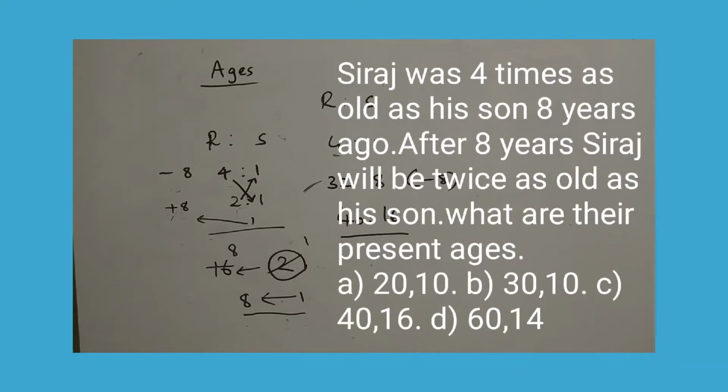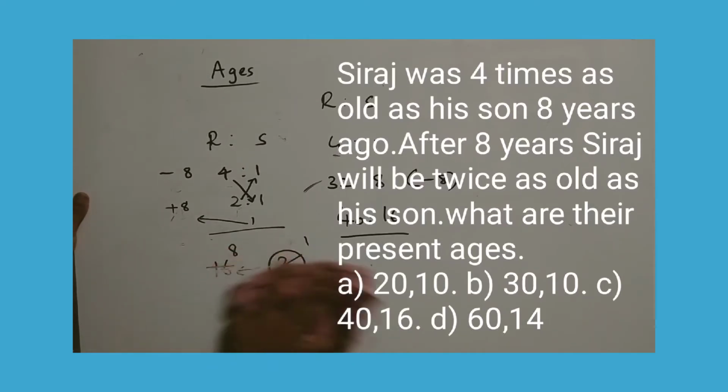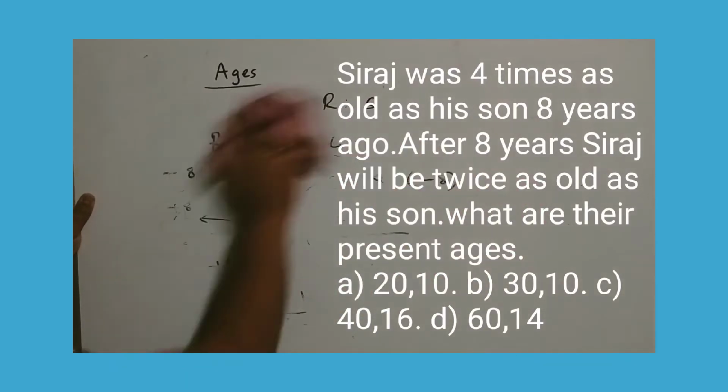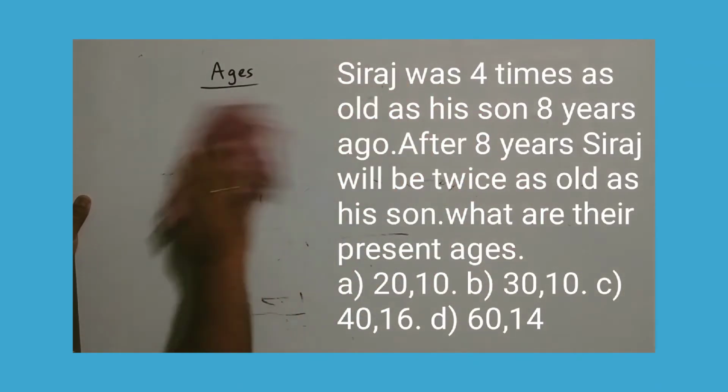Next question. Random question. Let us see. Ratio of percentages of A and B is 2:3.